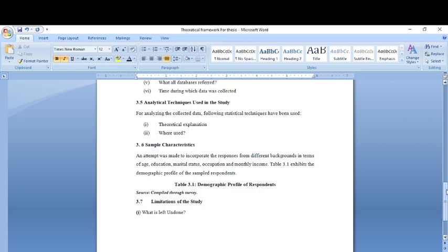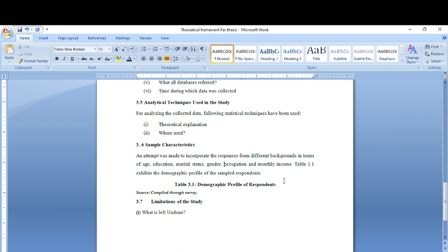Then sample characteristics. You always write a line that I've covered all different backgrounds in terms of sample characteristics, in terms of age, education, marital status, gender, occupation, monthly income, etc. I've covered all kinds of respondents in my demographic profile, so I've tried to cover all.